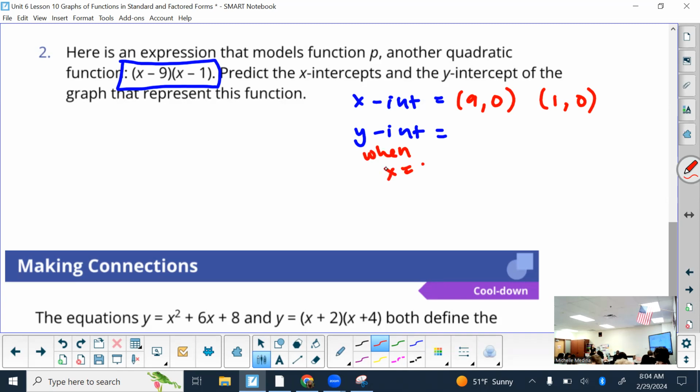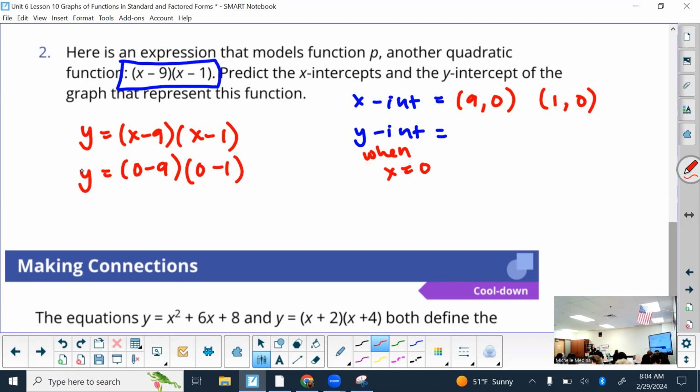When x is 0. So if this is equal to my output, and I make the x's 0, and there just happens to be 2 in them now, I can solve for y. What's 0 minus 9? Negative 9. What's 0 minus 1?